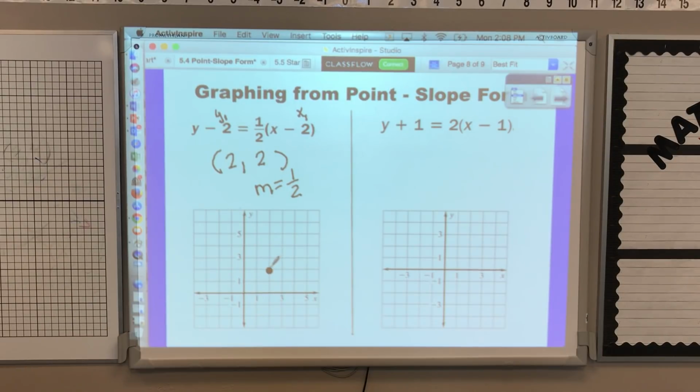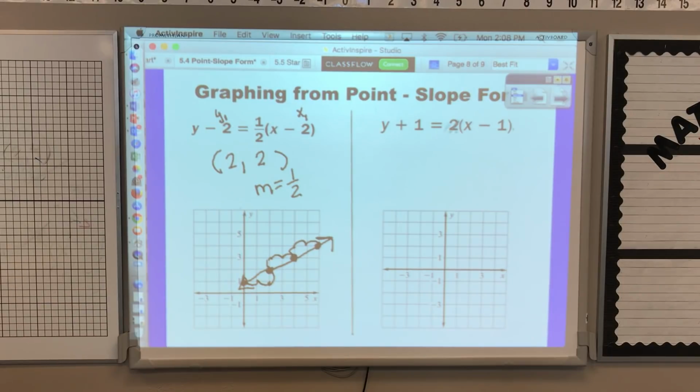From there, they're telling me to go up 1, over 2. And that's where my next dot goes. And once I have those 2 dots, I can draw a line to connect them. And if you want to make sure your line's nice and straight, remember you can always go up 1 and over 2 more to make sure you get that line nice and straight. Okay? Or down 1, back 2 to again make sure that line's nice and straight.